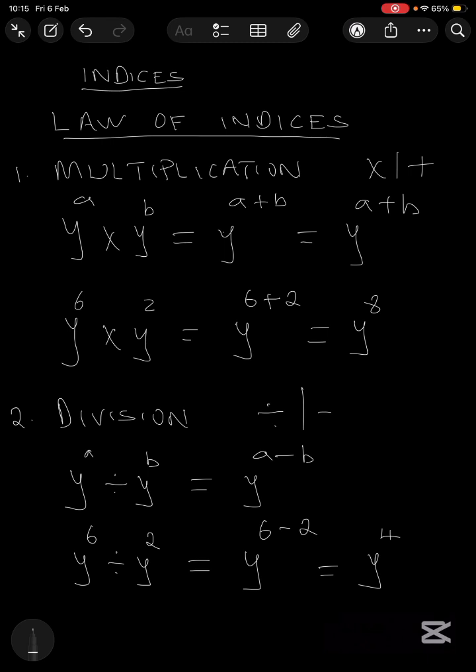Next, number 3, that is power. For example, we have y power a, in brackets, to the power b. So in the law of indices, we are supposed to multiply the two powers.